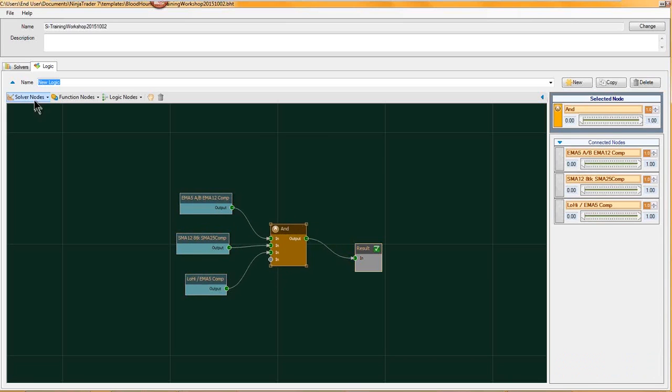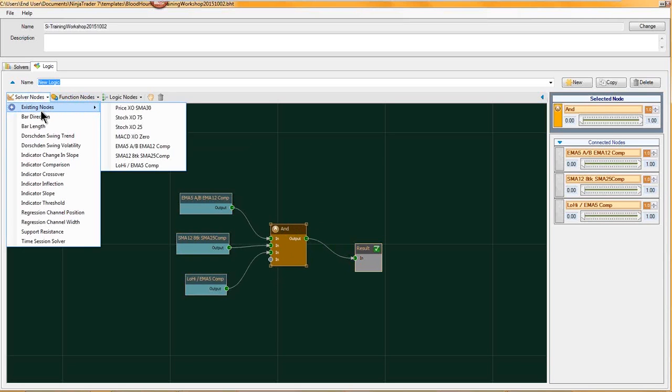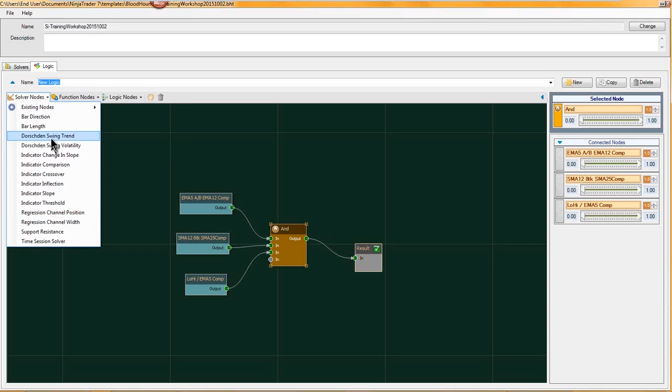So we have solver nodes, and the solver nodes do very specific tasks. For example, this bar direction is just going to tell you if the bar is an up bar or a down bar.